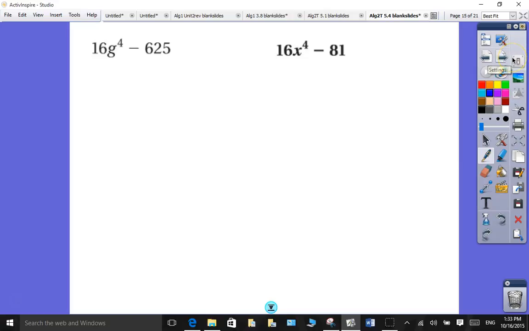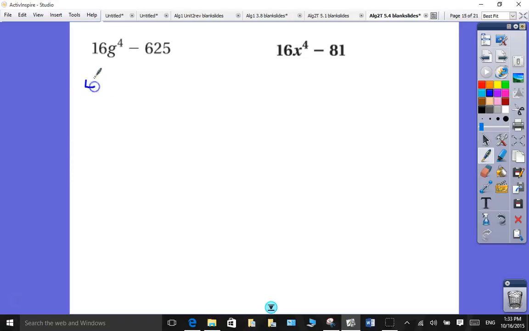So here's an example. I'm going to do the one on the left, and you're going to do the one on the right. So that is not, 16g to the 4th minus 625 is not a quadratic, right? But we could look at it like it is a quadratic. You could even rewrite it to look like a quadratic by doing this, right?